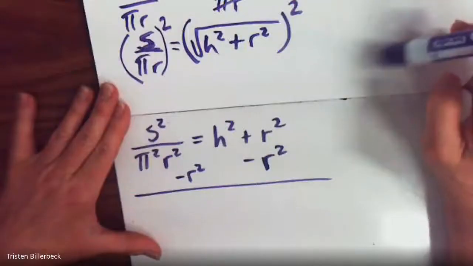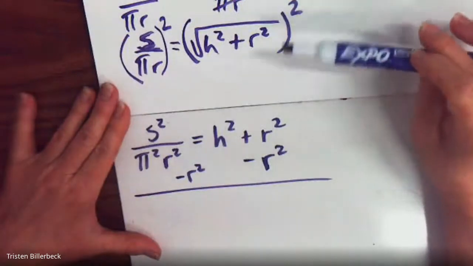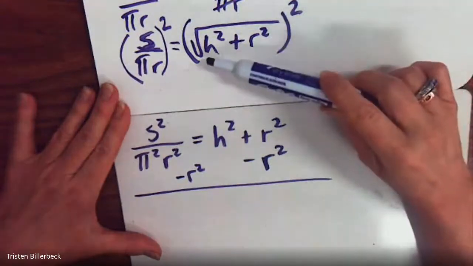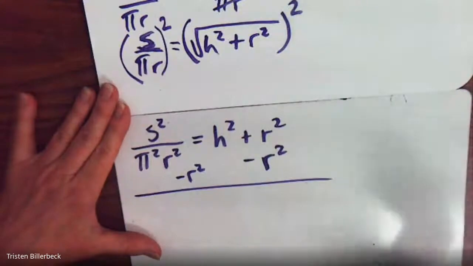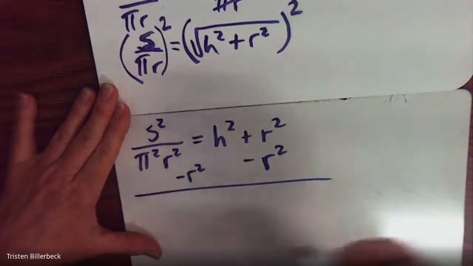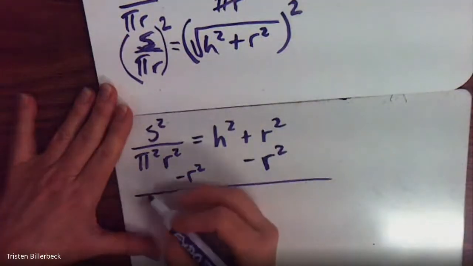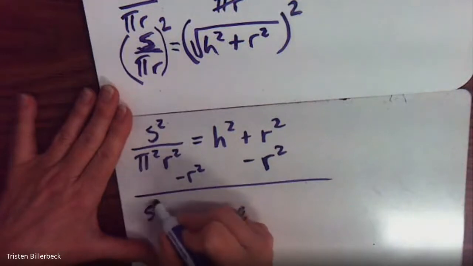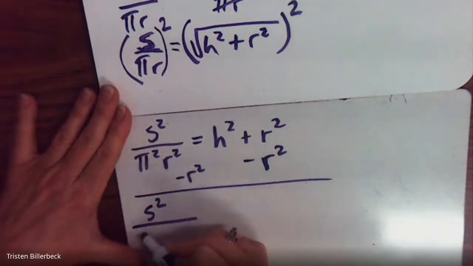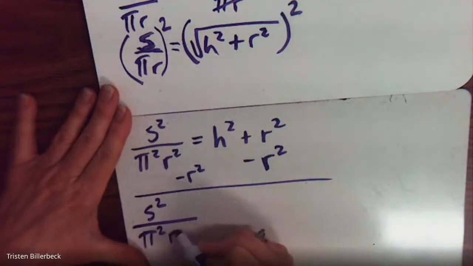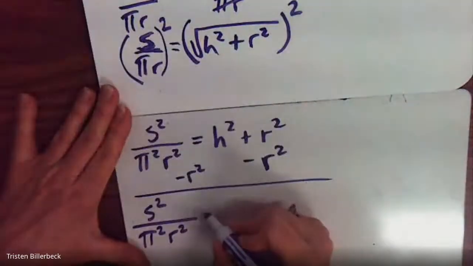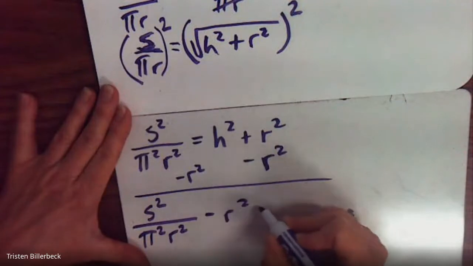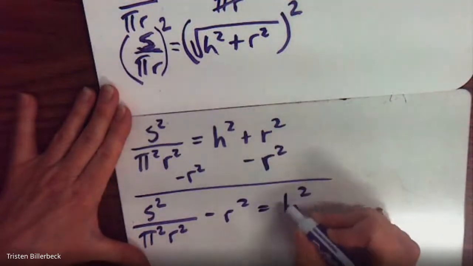Okay, normally when I square something like this, I would put a positive or negative sign, but I have a square root and it can only be a positive number, so I'm not going to worry about positives and negatives. So, okay, so I have s squared over pi squared r squared, and then that's going to be minus r squared out here equals h squared.